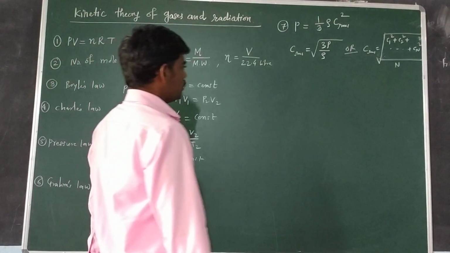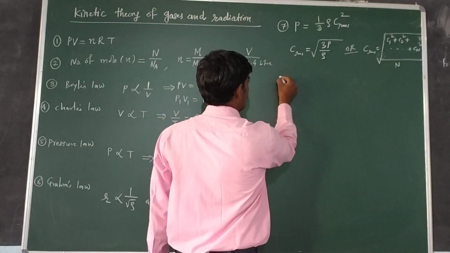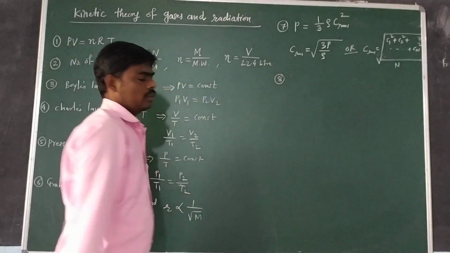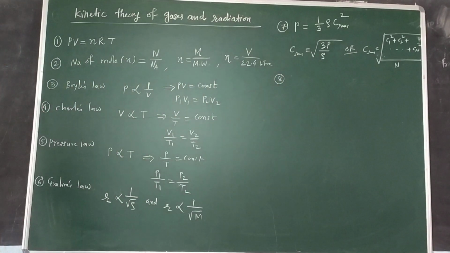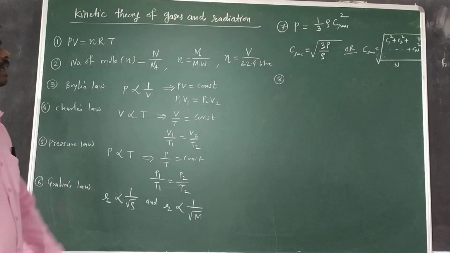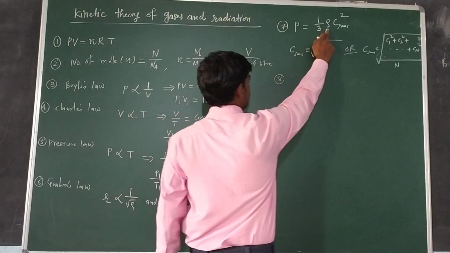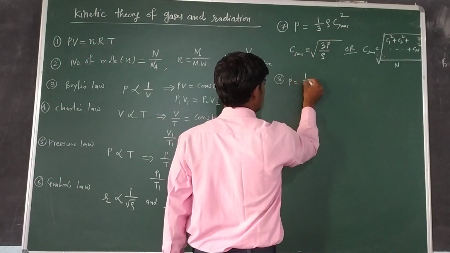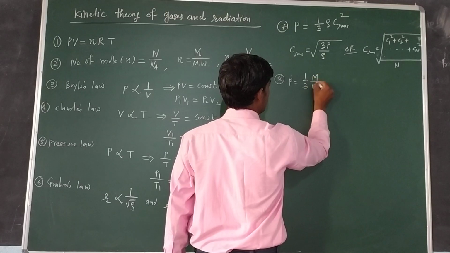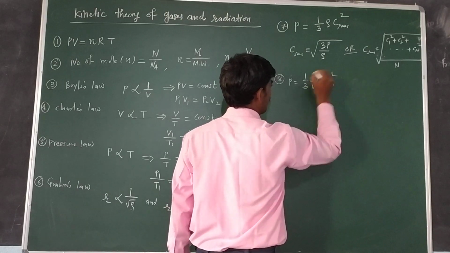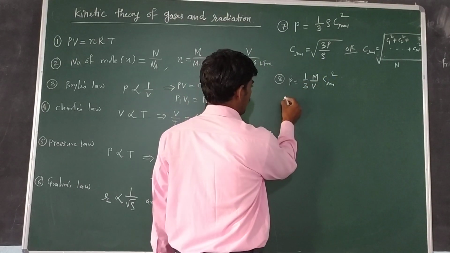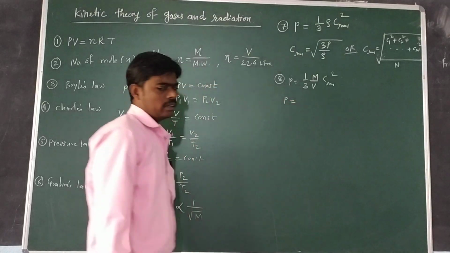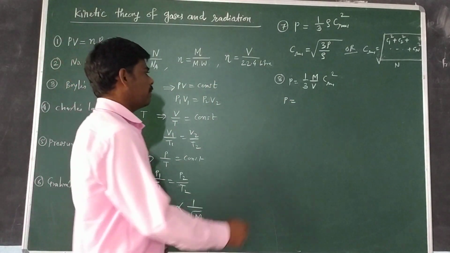Then we can find out the average kinetic energy from this equation, as this rho is nothing but m by V, C_RMS square, and we can do an adjustment here, multiply and divide by 2.